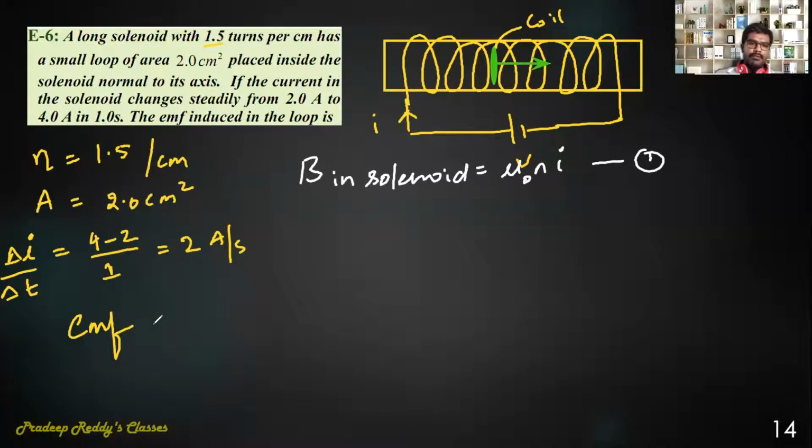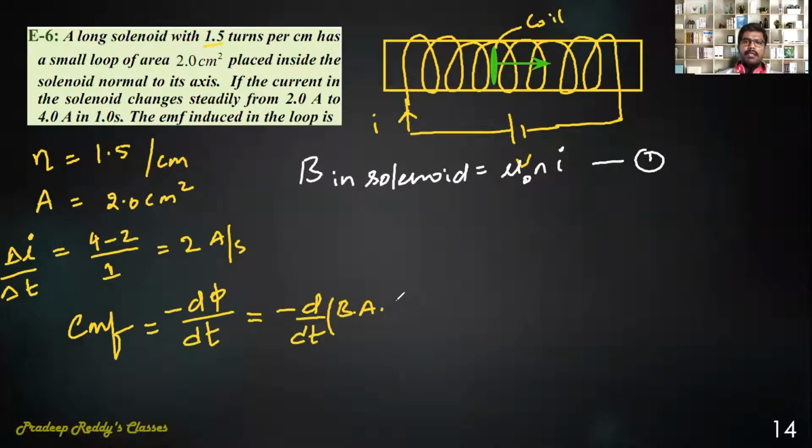So EMF induced will be equal to minus of d phi divided by dt, which is equal to minus d by dt of phi, and phi is equal to B dot A, that is BA cos theta. So theta is 0, cos theta will be equal to 1. So it can be written as BA.